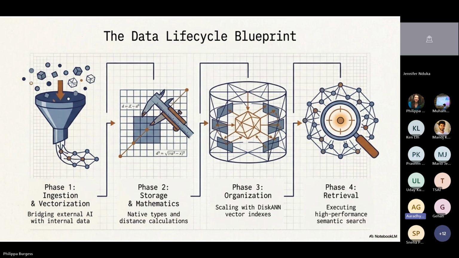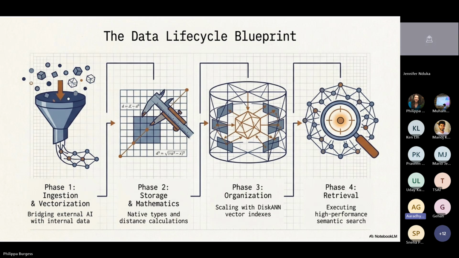By standardizing the workflow, we ensure that whether we are handling a few thousand product descriptions or hundreds of millions of customer interactions, our database remains lightning fast and structurally sound. So we will be discussing ingestion and vectorization in detail. The blueprint begins from phase one, that is ingestion and vectorization.